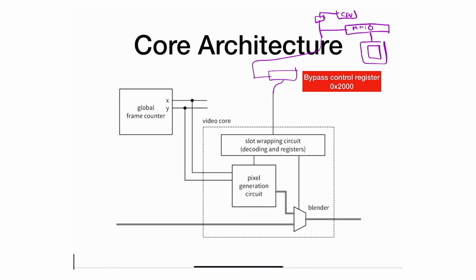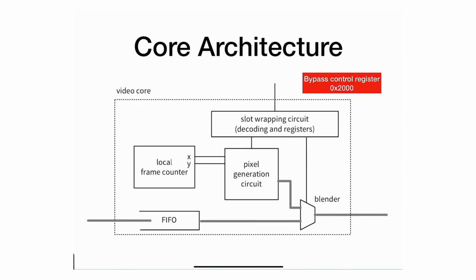If for some reason one core is functioning at a speed that is much faster than the other, or one operates maybe using burst, and you need something more of a distributed flow control rather than centralized, you can move that particular local frame counter internally to the video core, and you add a FIFO internally too. The rest is exactly the same. The wrapping circuit and everything else is exactly the same. It'll have the same exact standard signals as well.